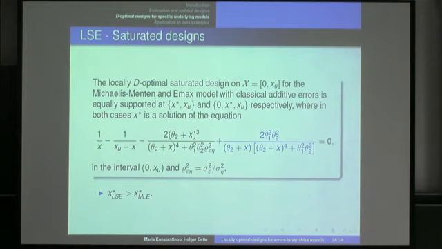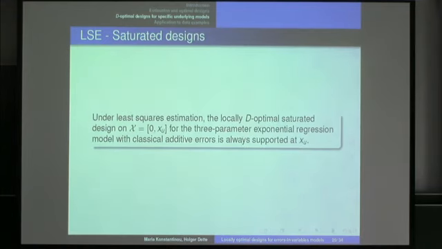And this extra term results in the x star for least squares estimation to be always larger than the corresponding x star for maximum likelihood estimation. In the case of the 3-parameter exponential regression model, the results are not exactly the same, because now the design is only supported on the upper bound and not necessarily on the lower bound 0. So the other 2 points have to be found numerically.